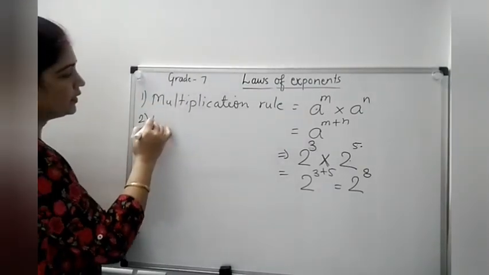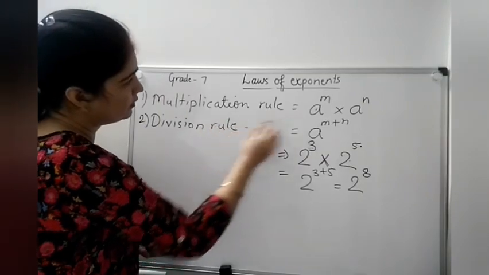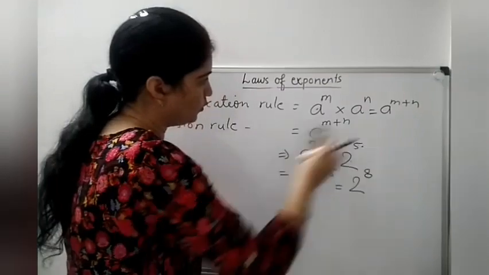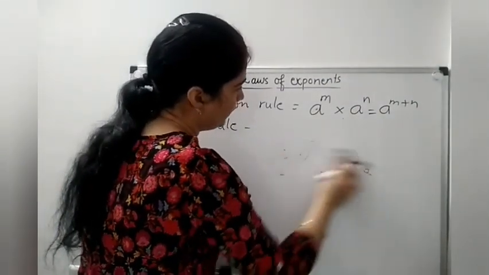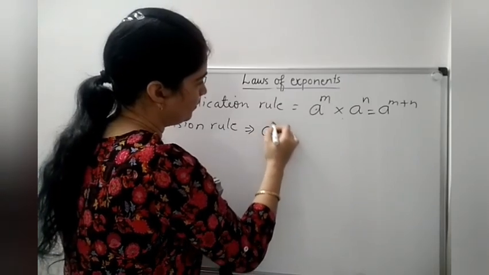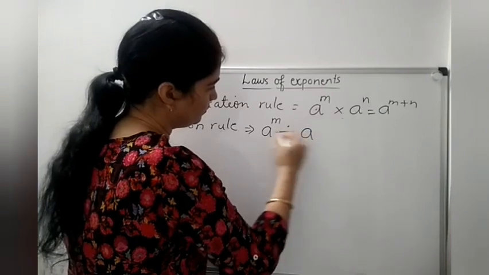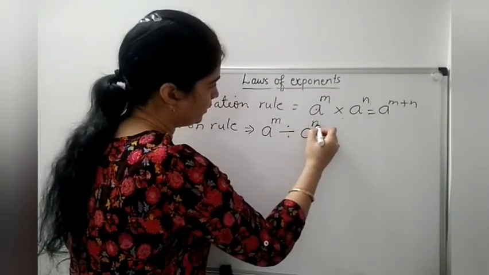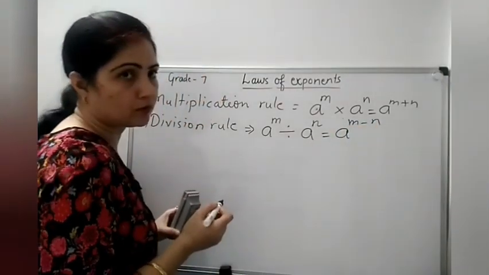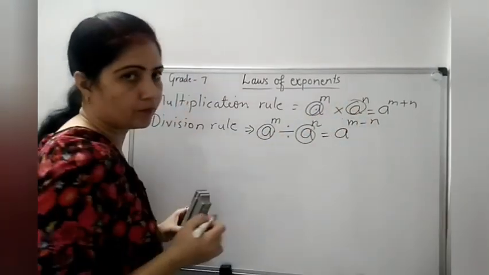Now next is the division rule. The division rule is the same as this rule, but instead of a multiplication sign there will be a division sign. So if I take a raised to the power m divided by the same number whose exponent is different, I will subtract the exponents. For these rules your bases should be the same.